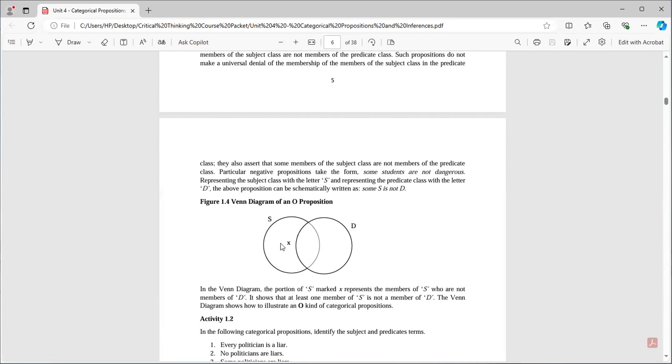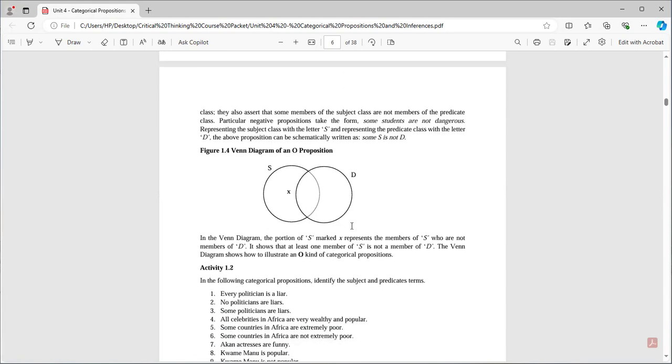So we put X in the area of S which is not intersecting with D, to show that at least one member of S, who is X, is not a member of D.